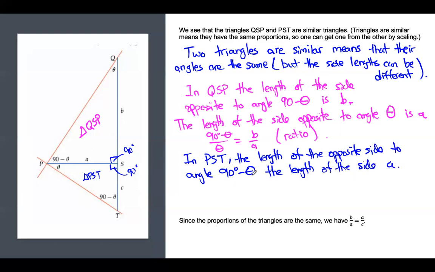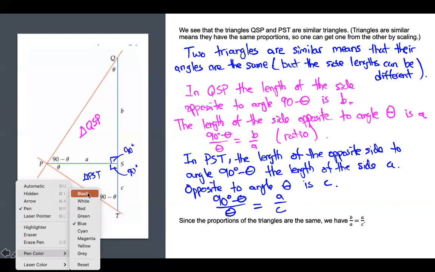And then you see and then the opposite to like this angle, theta, is C. So like their ratio is going to be, well, it's A divided by C.